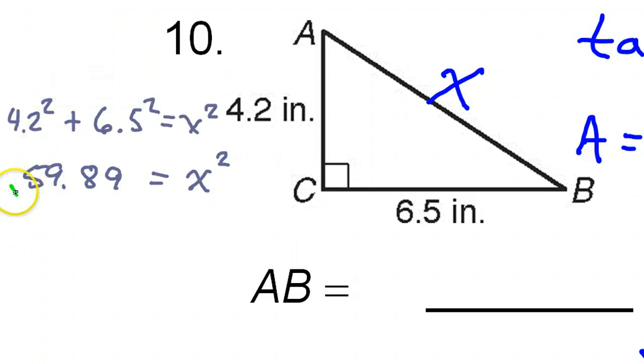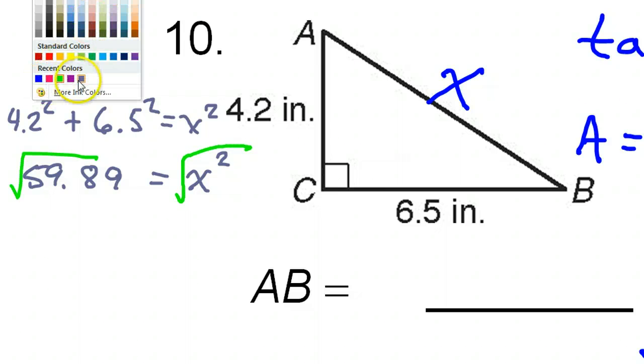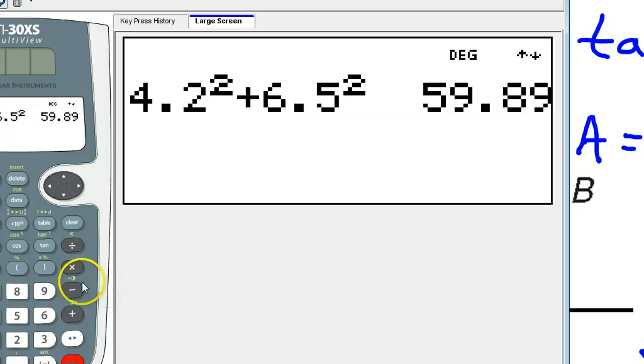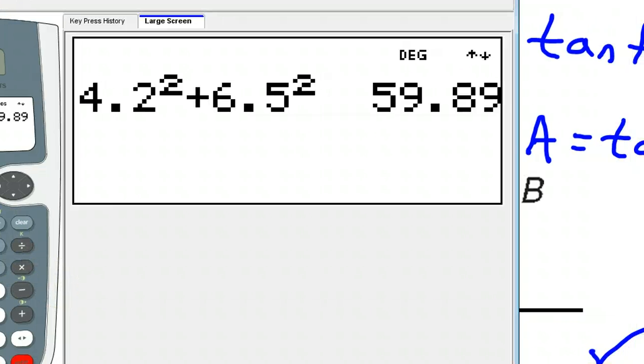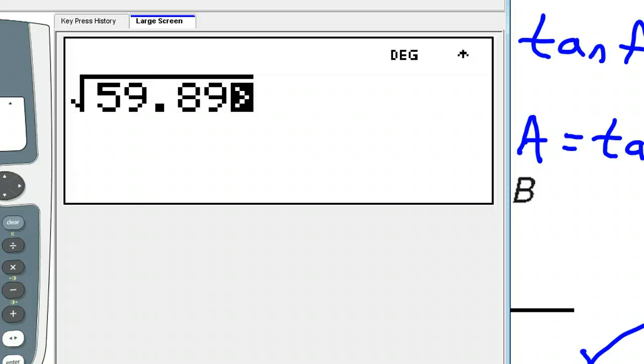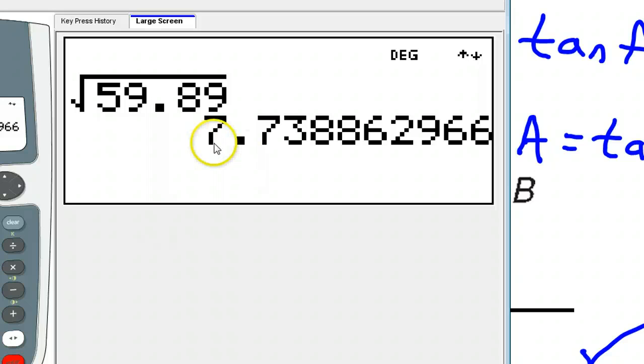And then we'll just go ahead and take the square root of both sides. The square root of 59.89 is 7.74.